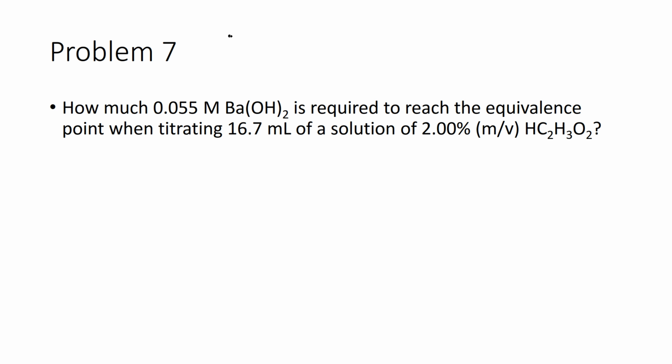So let's just go ahead and remember we have 0.00278 moles of barium hydroxide. We're also given the molar concentration of the barium hydroxide, and we know that the molar concentration is equal to moles per liter.